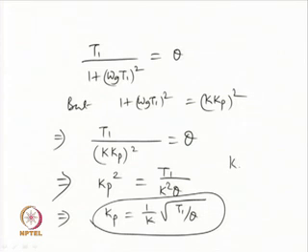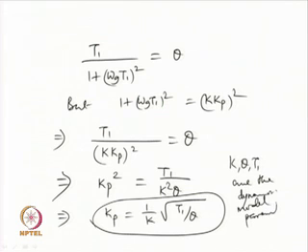Now, k, theta and T 1 are the dynamic model parameters of the unstable plant. So, when you have got an unstable plant, what you should do?